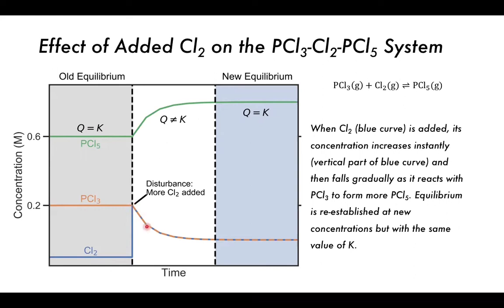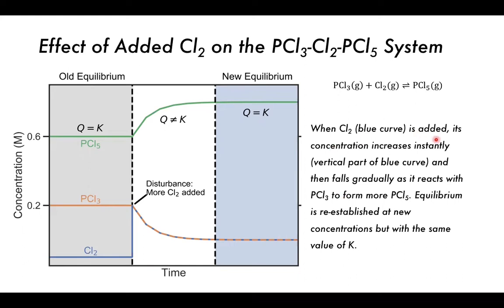And so we must consume some of our reactants in order to reattain that equilibrium. So in this white area, there is no longer equilibrium. Q is no longer equal to K. And so the amount of product must increase in order for us to reattain that equilibrium.